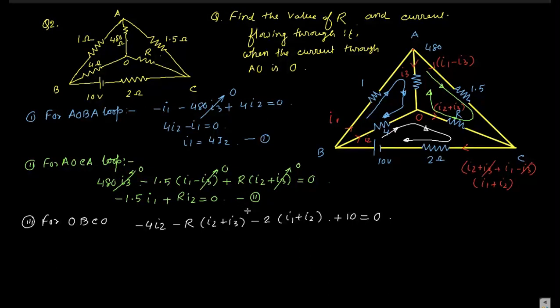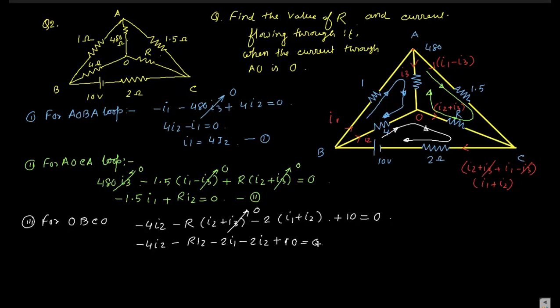So here this becomes 0. So the expression for this is minus 4I2 minus RI2 minus 2I1 minus 2I2 plus 10 is equal to 0.